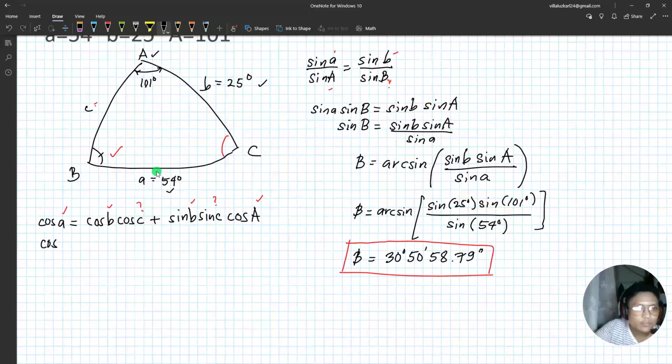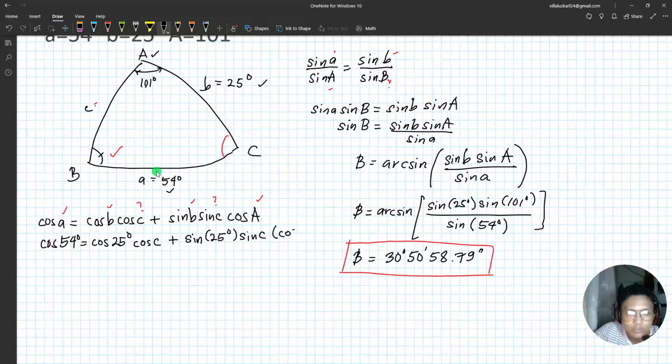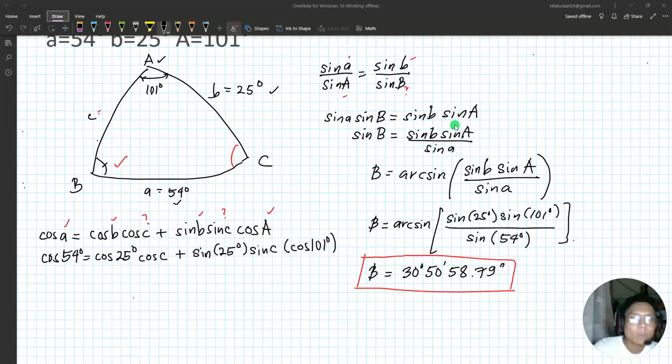Cosine of 54 degrees equals cosine of B, which is 25 degrees, cosine of C, plus sine of 25 degrees, sine C times cosine angle A, which is 101 degrees.